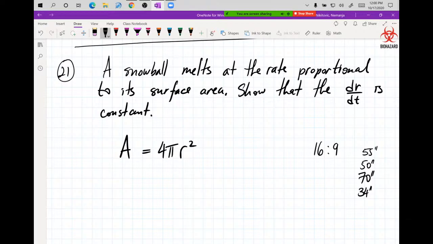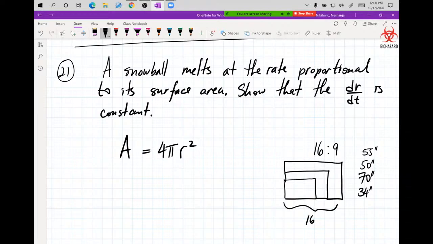The aspect ratio always stays the same. The bigger the screen, it doesn't matter, this length will always be 16 units and this length will always be 9, and then the diagonal measures this way.